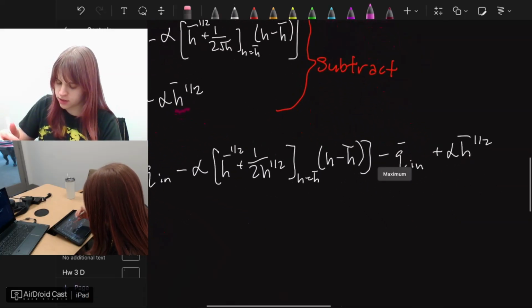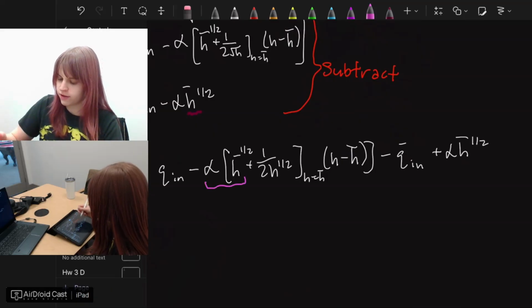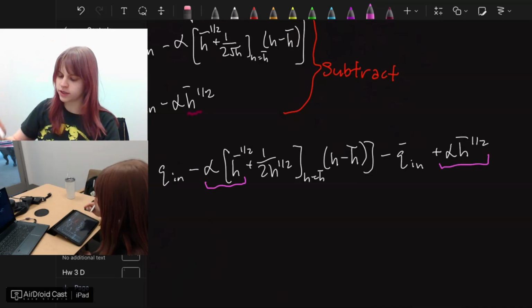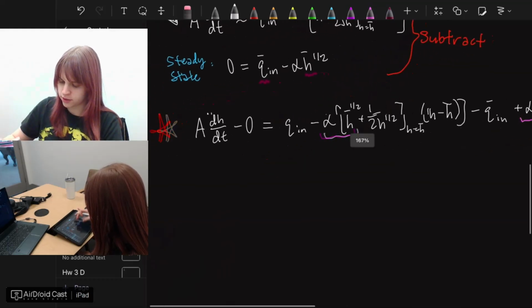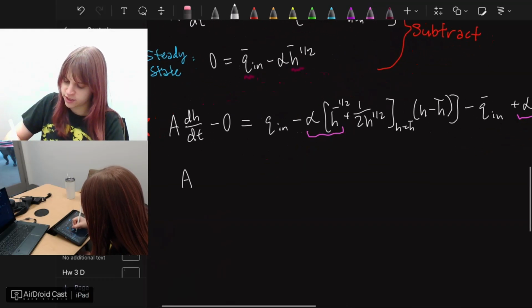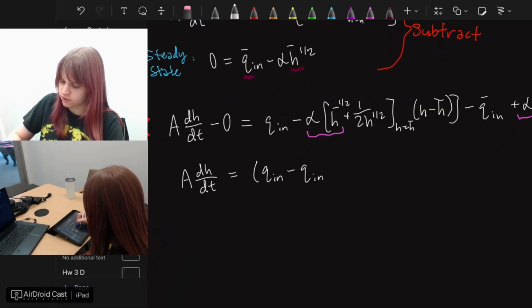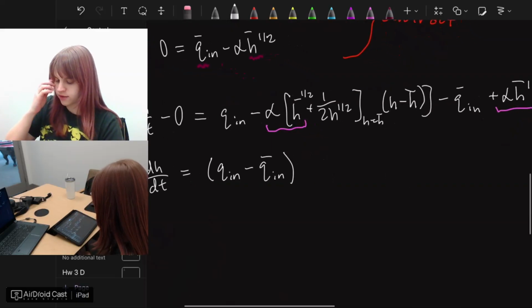And now we can see that we have some term cancellations. We have a negative alpha h bar to the 1/2 and a positive alpha h bar to the 1/2. And we get our equation from subtracting those two equations. In the more simplified form, we can say it's Q in minus the flow rate in at steady state.